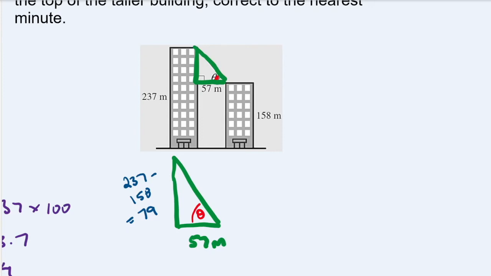So again, we're going to use tan because we don't have a hypotenuse. So I'm going to start up here with tan theta equals O over A, so that it's working within my ratios. Tan theta equals the opposite side, which is our 79, over 57, which is our adjacent side. And then we can figure this all out.